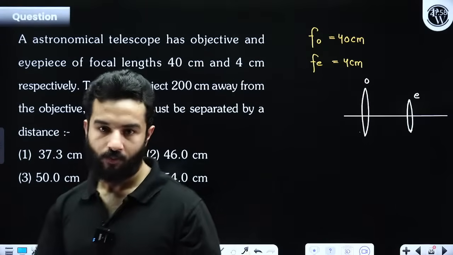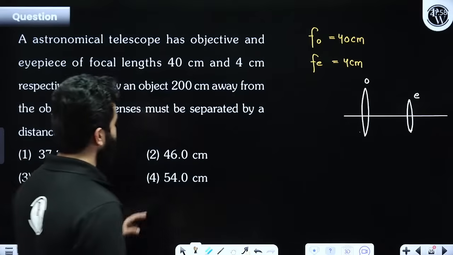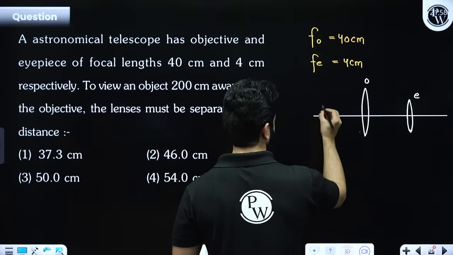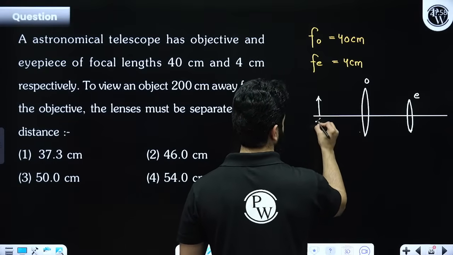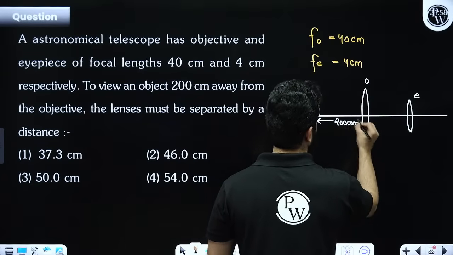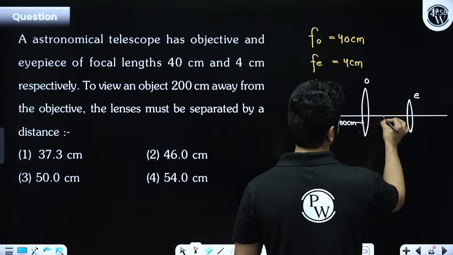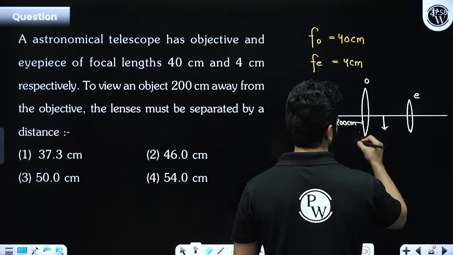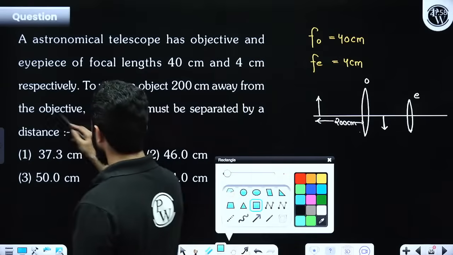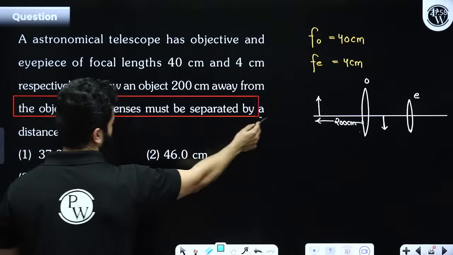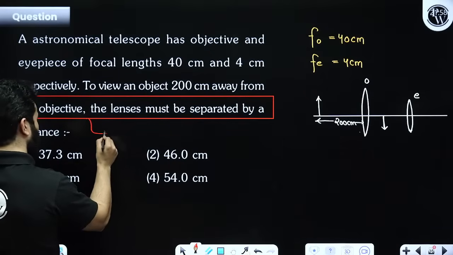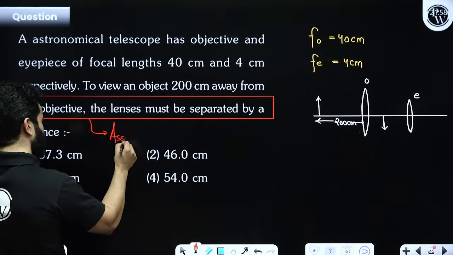So the object is at 200 centimeter. Its image will be obtained, let's suppose, somewhere over here. Now, if they are not talking about anything, we are going to assume normal adjustment.